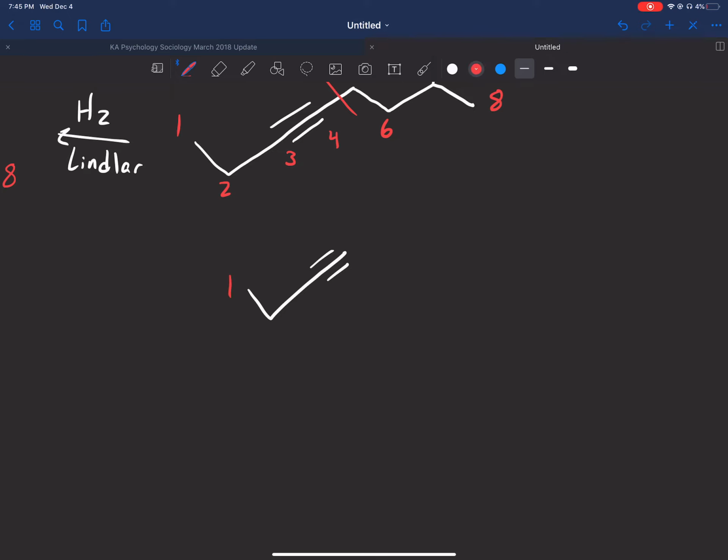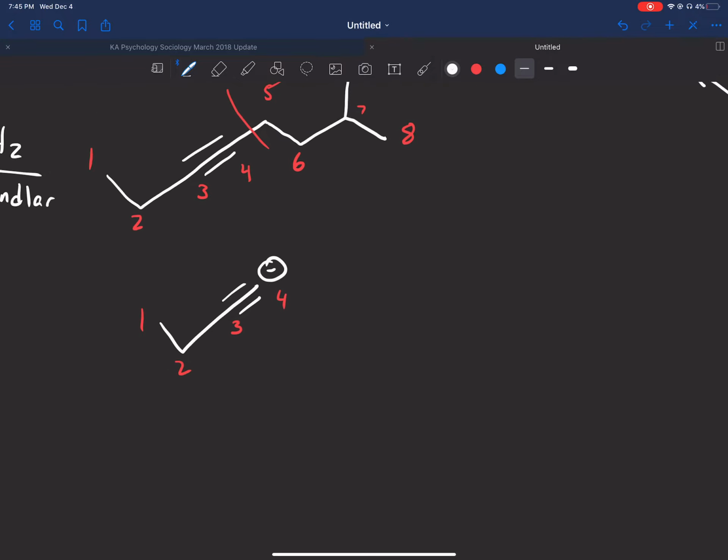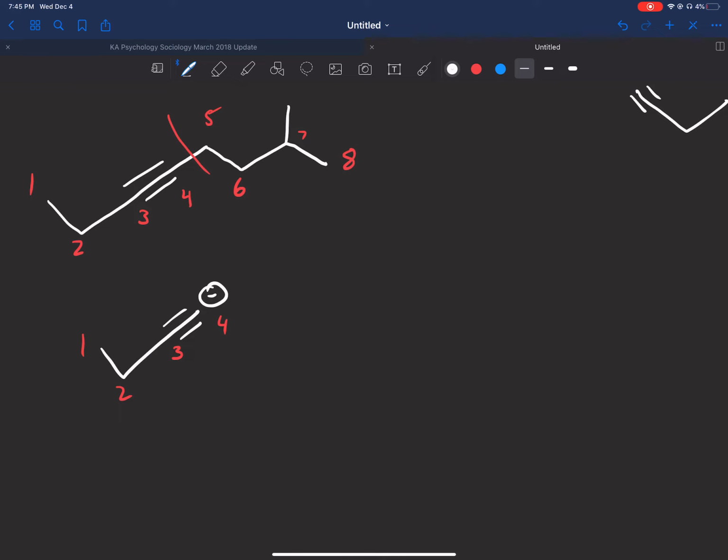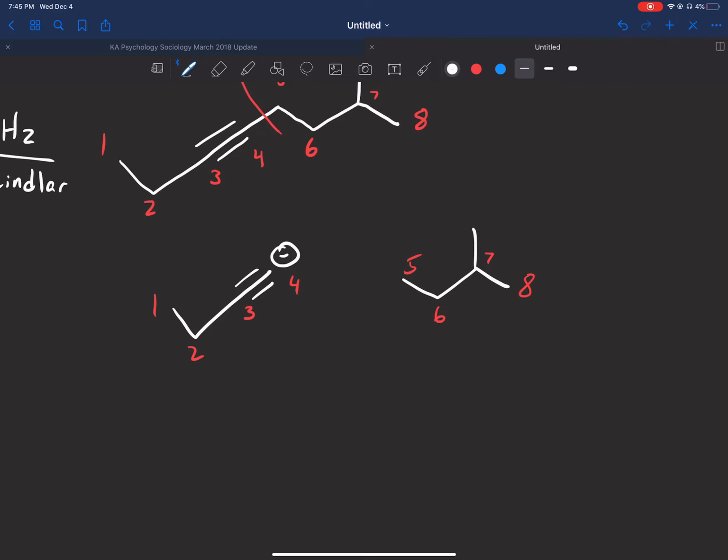Here's carbon 1, 2, 3, and 4. Now remember, this is going to have a negative charge. And we're going to have the rest of that compound, so that's going to be 5, 6, 7, 8. And on carbon 5, we're going to have our bromine.